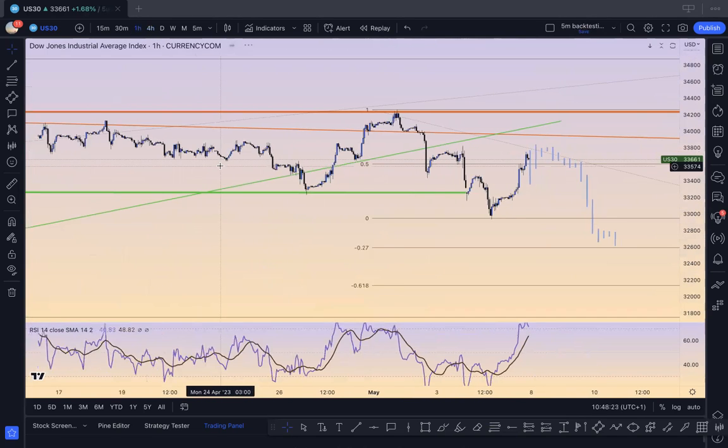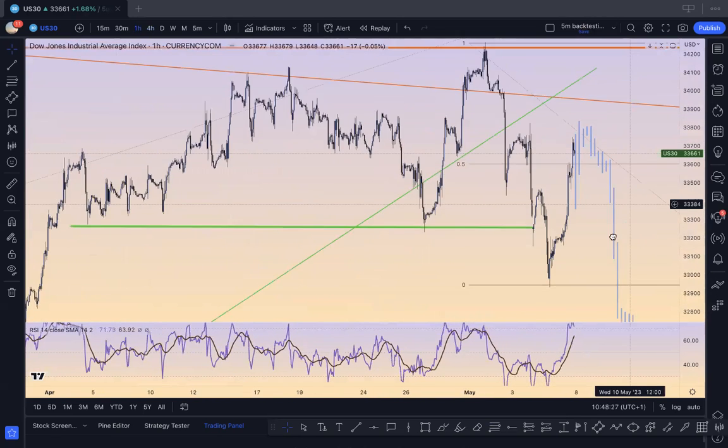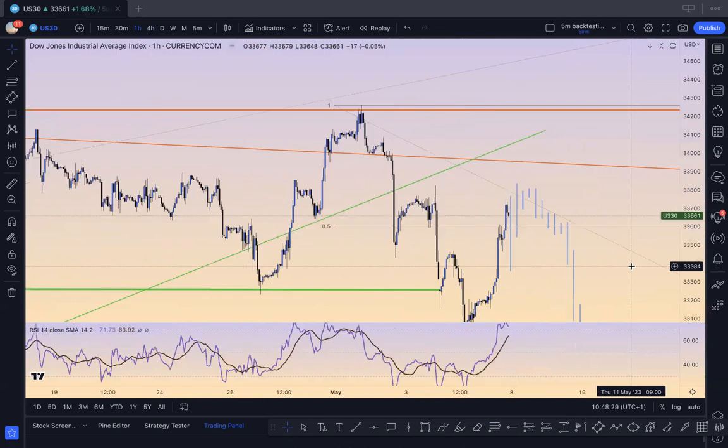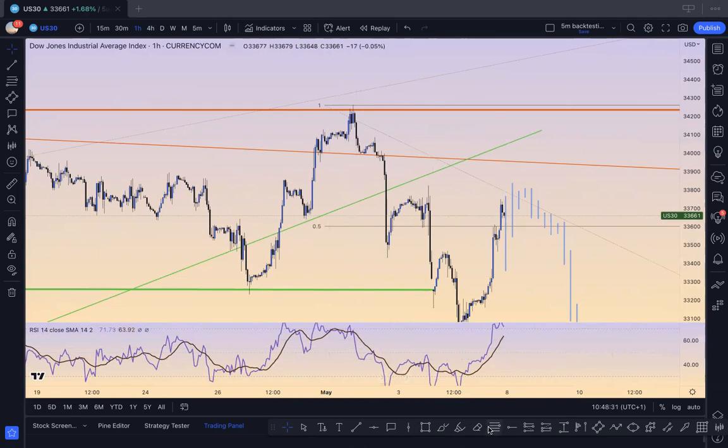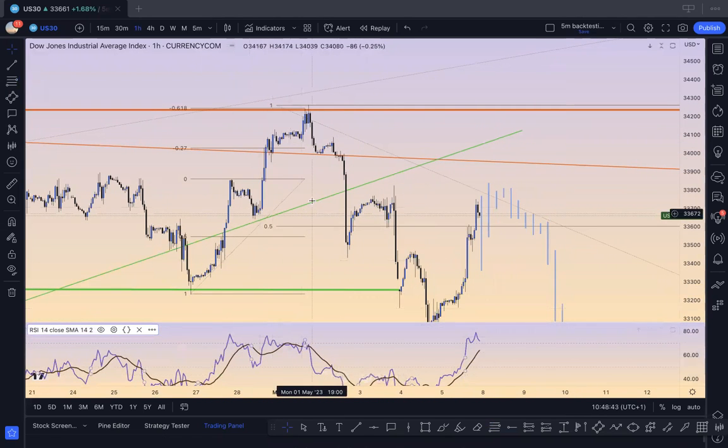What it did, there were a few trades last week. For example, look how this fib perfectly ended at the negative 61.8, completely reversed, divergence.